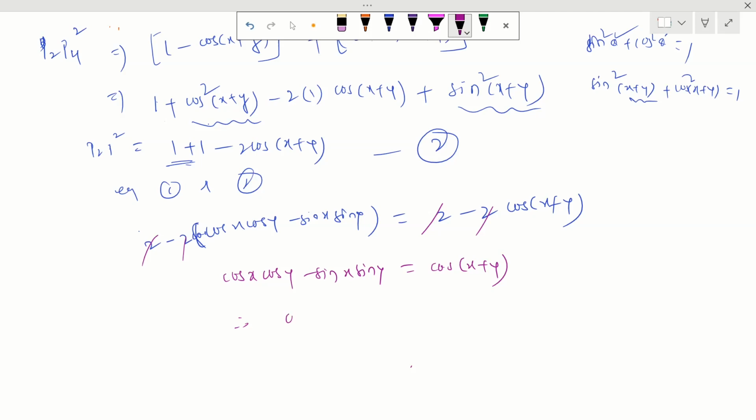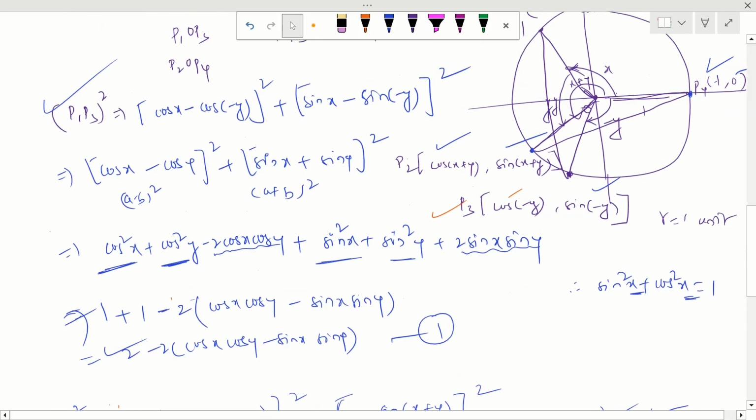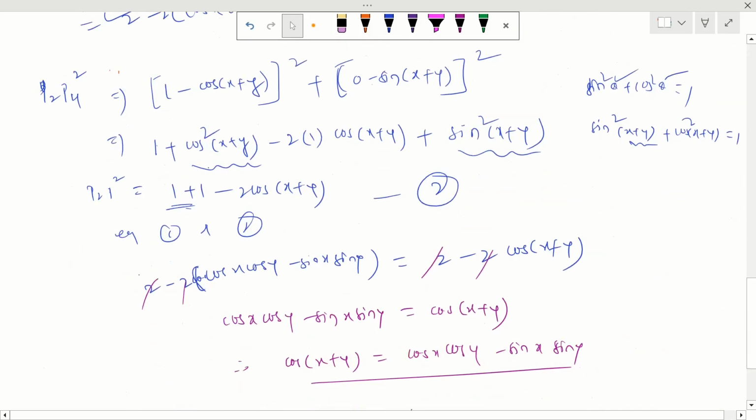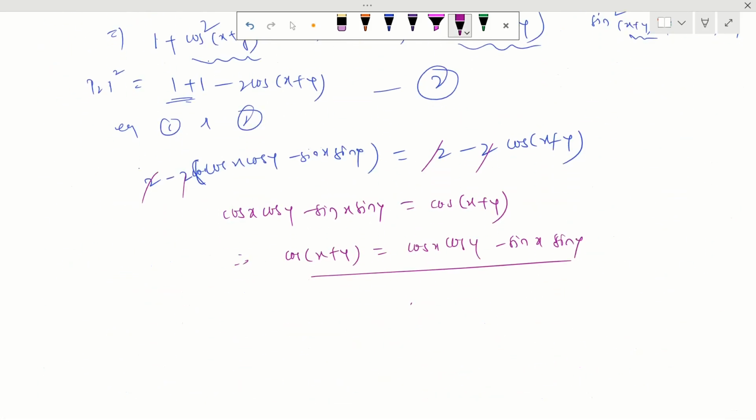Therefore cos of (x plus y) is equal to cos x cos y minus sin x sin y. Hence it is proved. We have proved the derivation: cos of (x plus y) is cos x cos y minus sin x sin y.